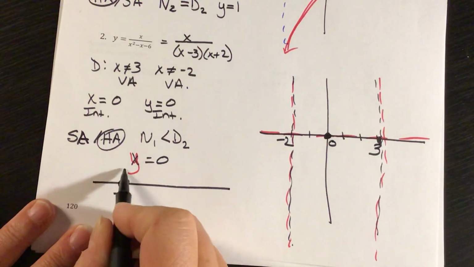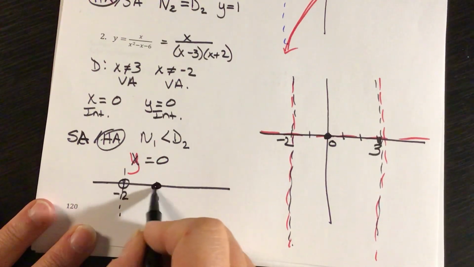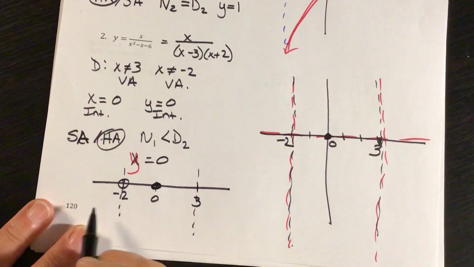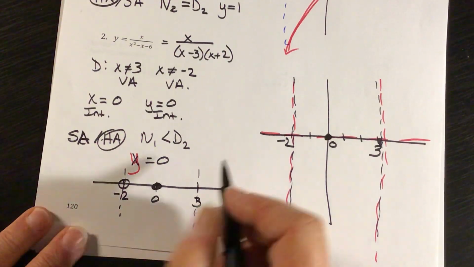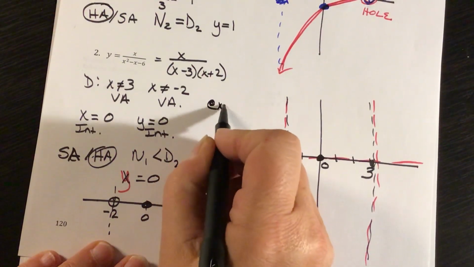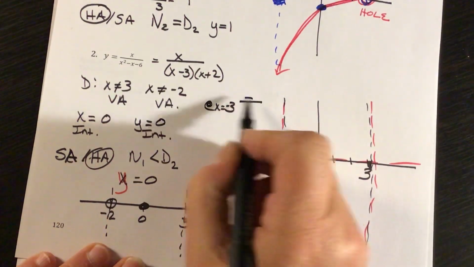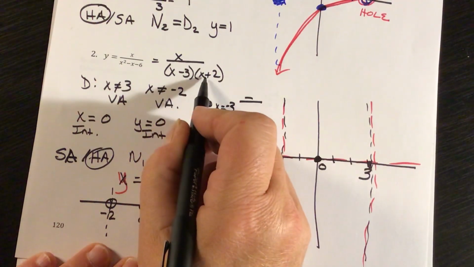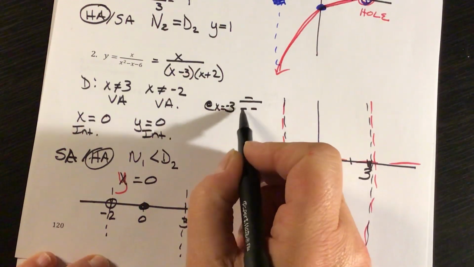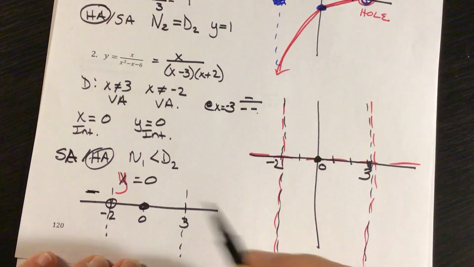So this is an asymptote. 0 is an intercept. 3 is an asymptote. So I'm going to look to the left of -2. So let's look at -3. -3 on top is negative. -3 minus 3 is negative, and negative for the other one. So between the 3 negatives, that's going to be negative.